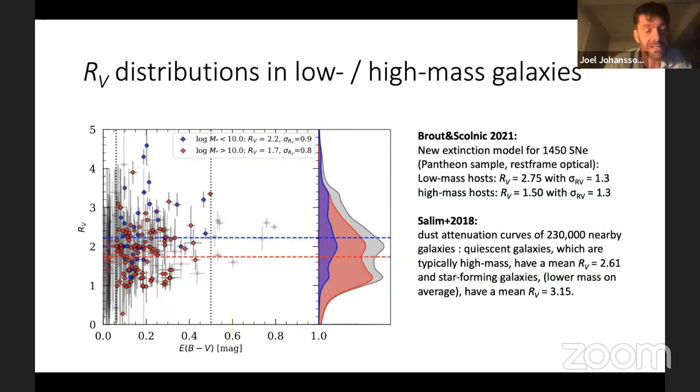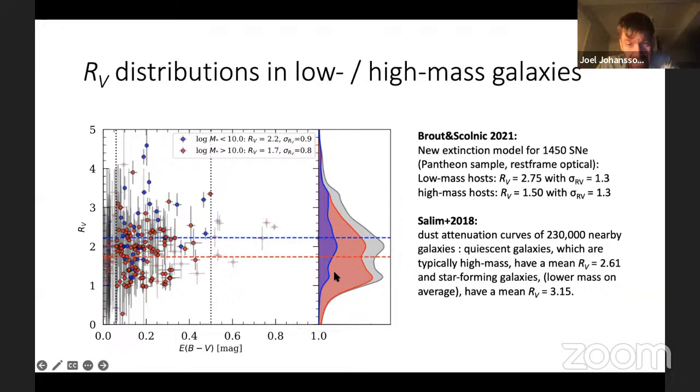So that's what I'm showing here. And some of the people here might object. You can do that after the talk. RV of 1, is that even possible? I think so. But in principle, we can measure the RV parameter for each individual supernova, and we actually see that these distributions for low mass galaxies and high mass galaxies are not the same.